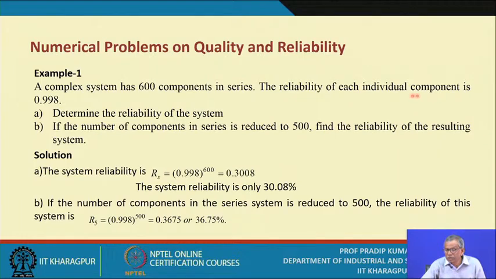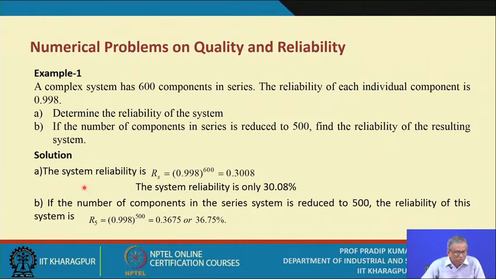The reliability of each individual component is 0.998. I am not assuming it to be 1, it just cannot be 1. It could be nearing 1, but it just cannot be 1. Determine the reliability of the system, and if the number of components in series is reduced to 500, find the reliability of the resulting system.